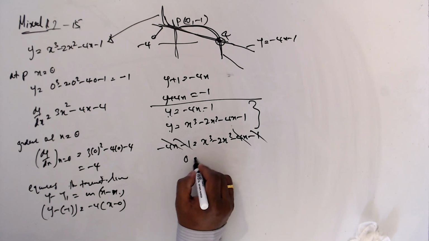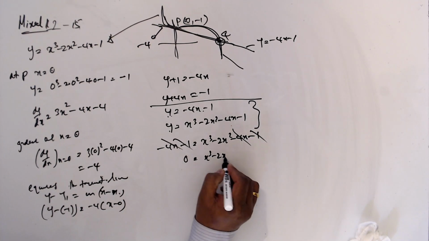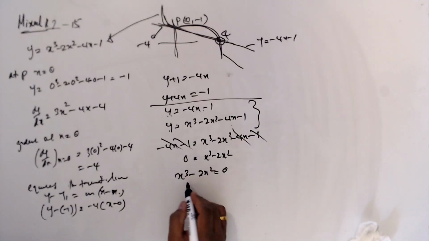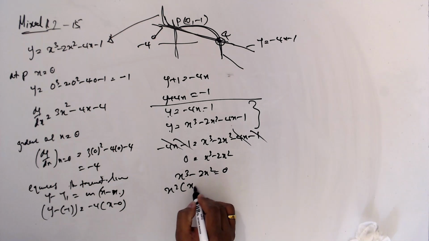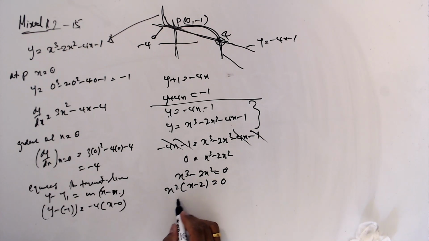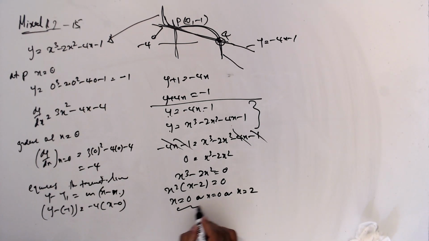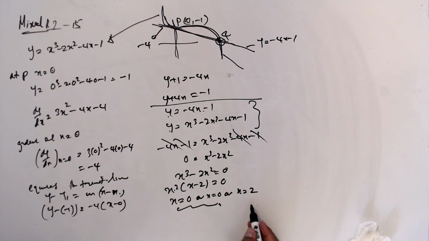And this is 0 equals x cubed minus 2x squared. I'll write x cubed minus 2x squared equals 0. When I take x squared out, x minus 2 equals 0. So x equals 0 or x equals 0 or x equals 2. So this is a repeated root, 2 times.